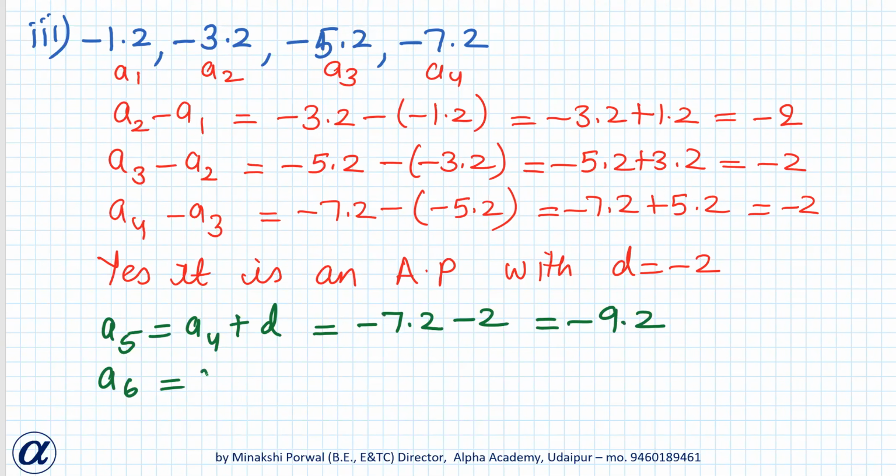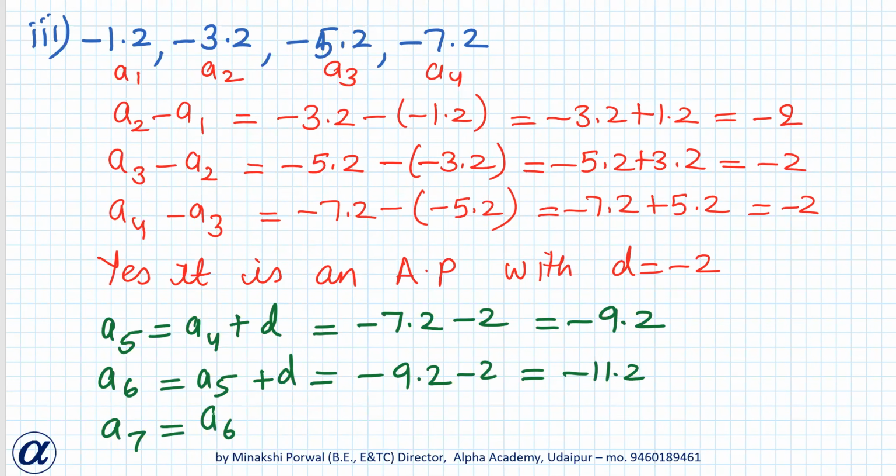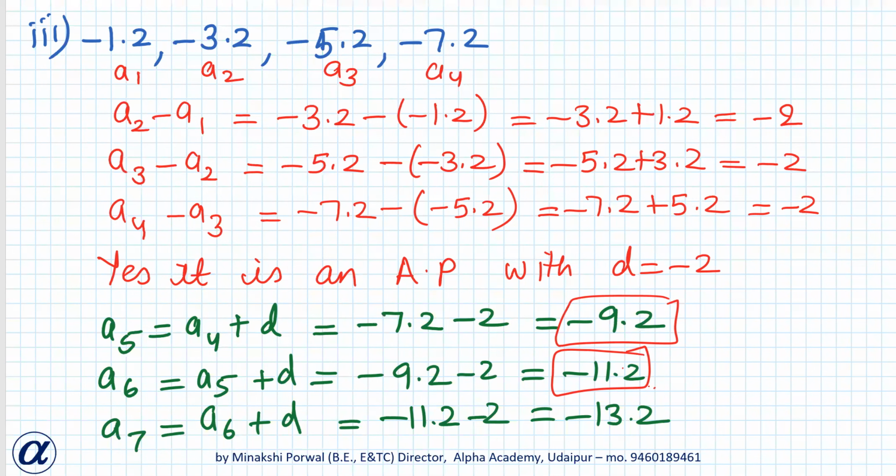A6 equals A5 plus D, that is equal to minus 9.2 minus 2, that is minus 11.2. And A7 equals A6 plus D, that is equal to minus 11.2 minus 2, that is minus 13.2. Okay, so these are the answers: minus 9.2, minus 11.2 and minus 13.2.